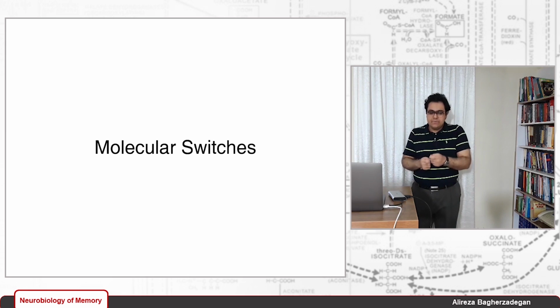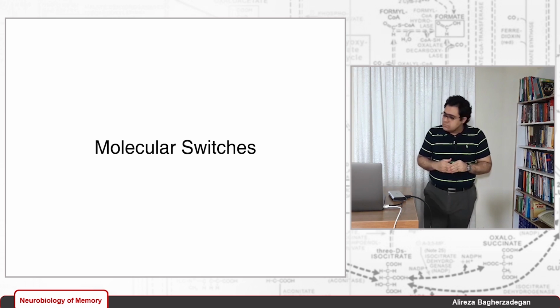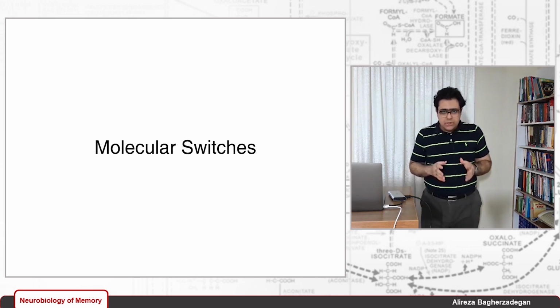And by active, we mean that they can interact with other proteins like effector proteins, or they can catalyze something if they are enzymes and so on. But when they're in off state, it means they're not active. They can no longer interact with other proteins, or they can no longer function. So this is the concept of molecular switches.